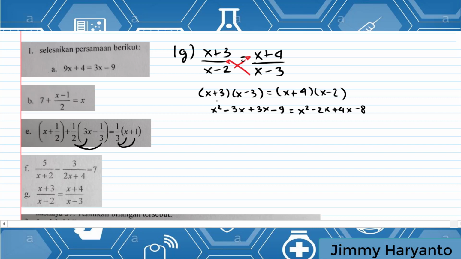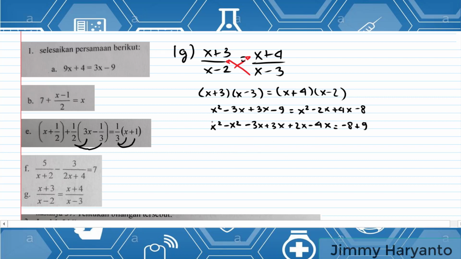Okay, and then I move the x terms to the left side. x square minus x square, and then minus 3x plus 3x, then I move plus 2x, I move the 4x, negative 4x, equals negative 8 plus 9, I move the 9.